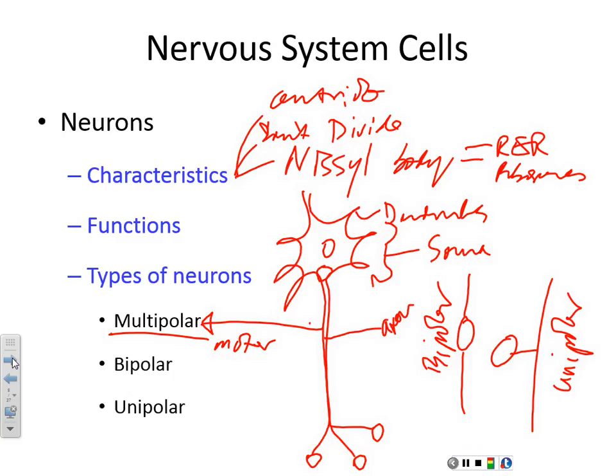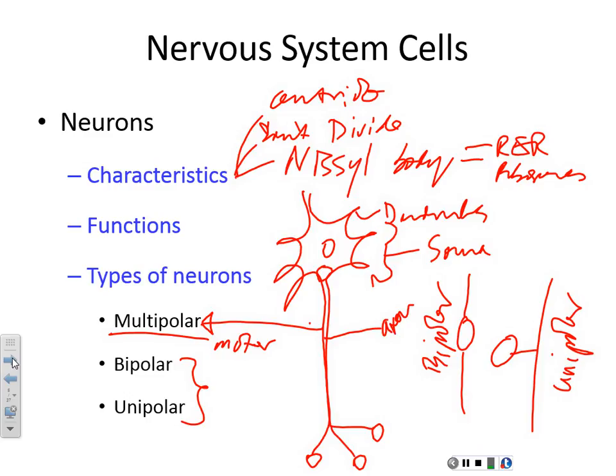In fact, the bulk of the neurons are multipolar. Alright? Okay, so these ones are motor neurons for the most part. And all the neurons in the brain. They are multipolar because they synapse with many other neurons or many other parts of the brain. It's all connected. Right?